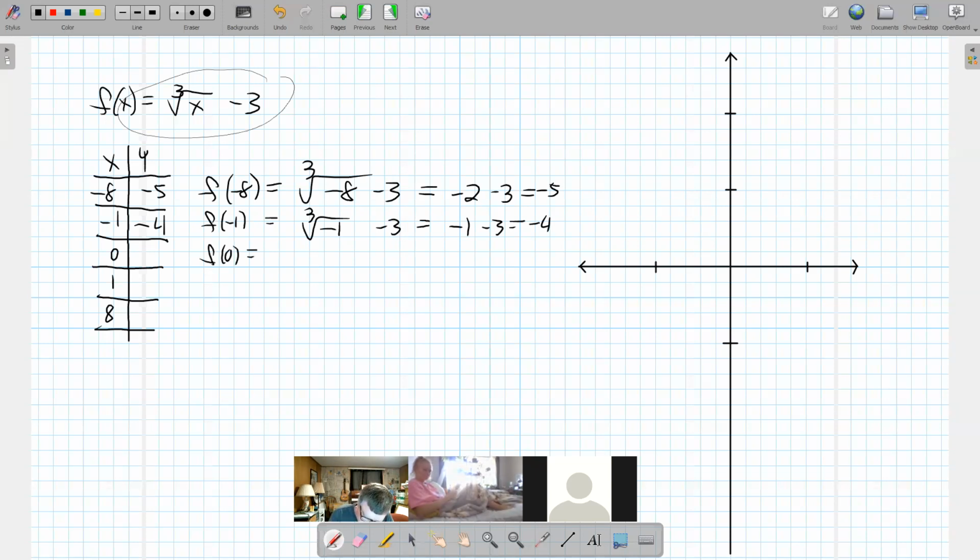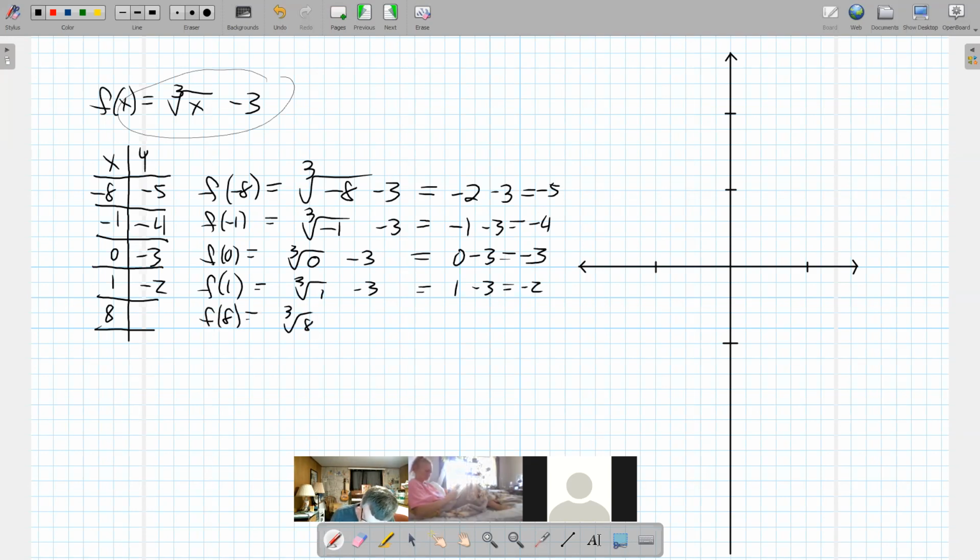F of 0 is the cube root of 0 minus 3, which is 0 minus 3, which is -3. If I'm going too fast, please let me know. I'll slow down. F of 1 is the cube root of 1 minus 3, which is 1 minus 3, which is -2. And f of 8 is the cube root of 8 minus 3, which is 2 minus 3, or -1.